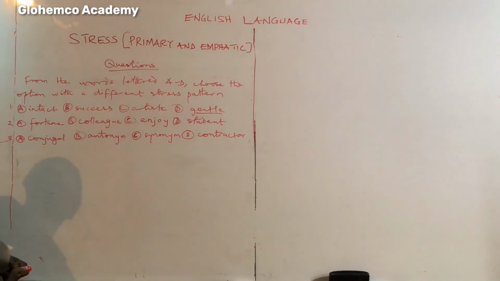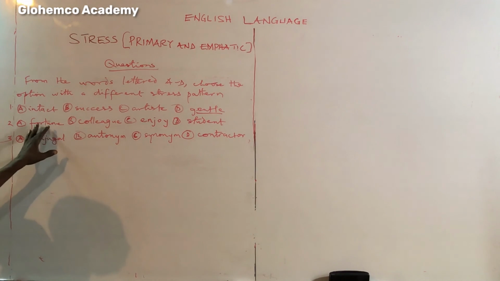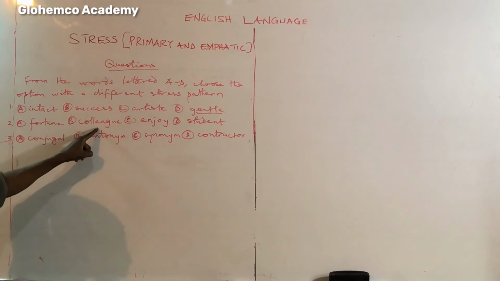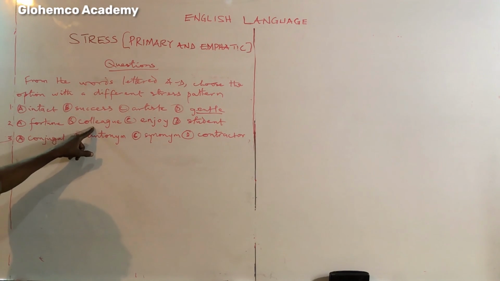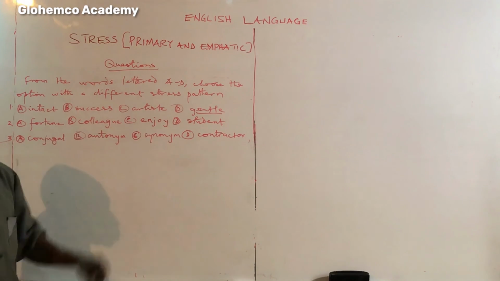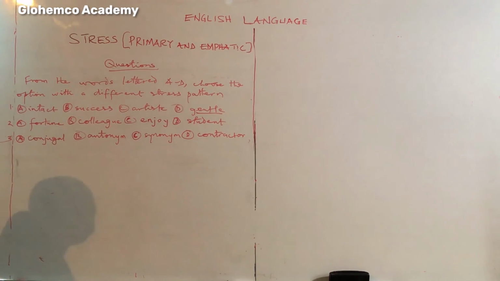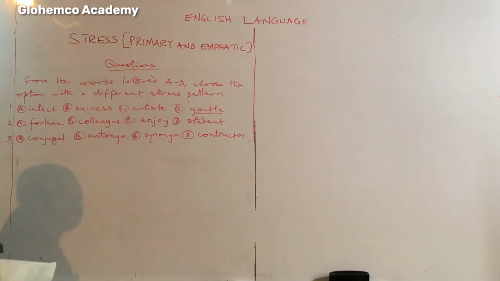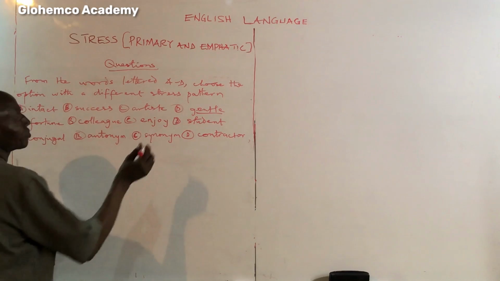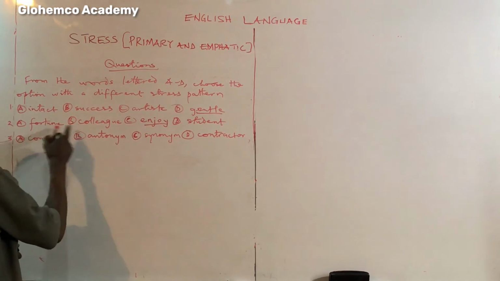Now let's look at the second one. Fortune. I'm sure most of you will say this one is colleague. Not colleague, I said it the other time. Colleague. Fortune. Colleague. Enjoy. Student. Which one is the correct answer now? Fortune. College. Enjoy. Student. It is enjoy.